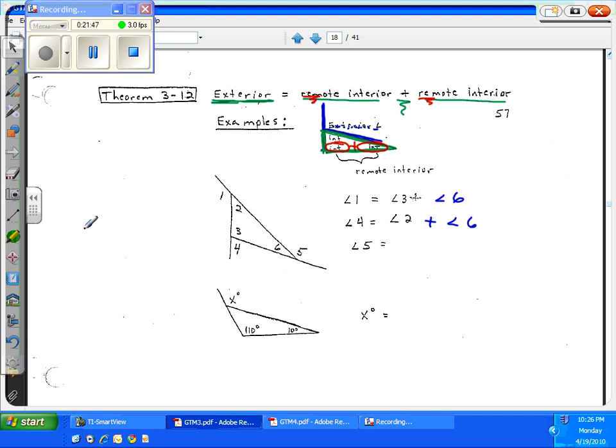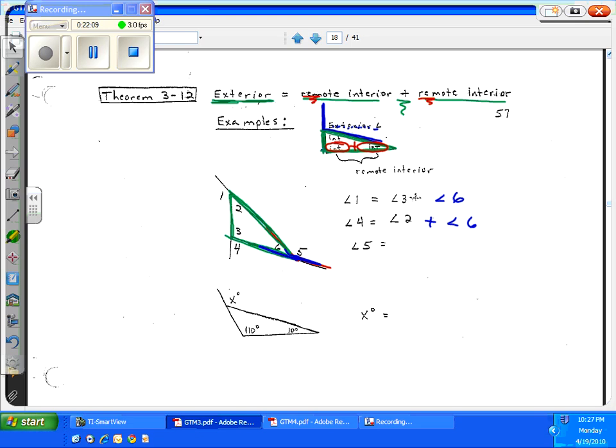Likewise, we could draw exterior angle 5. The interior angles again are the angles inside the triangle, 2, 3, and 6. We want the ones remote from angle 5, which are the ones that are not adjacent.